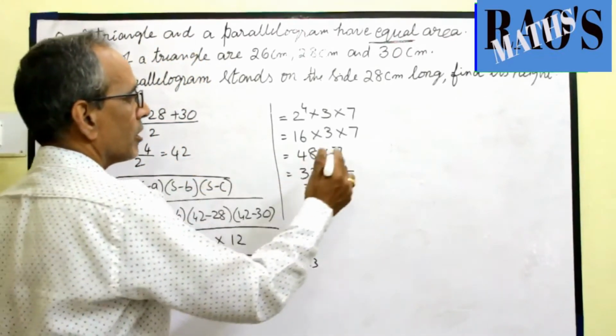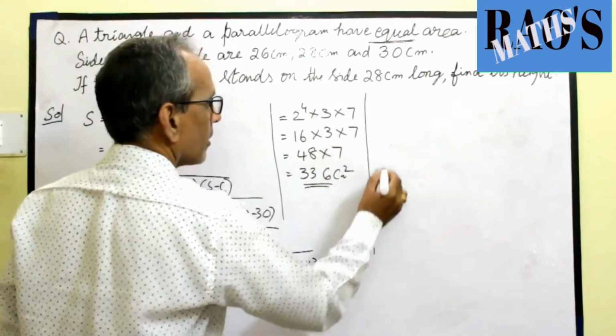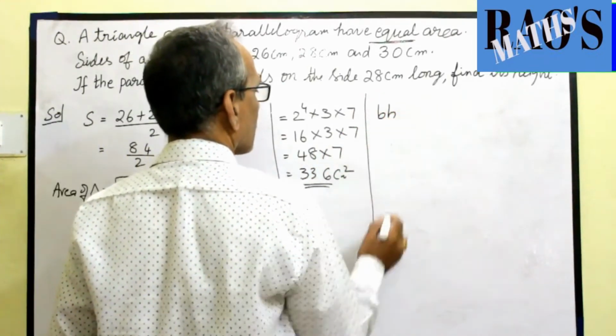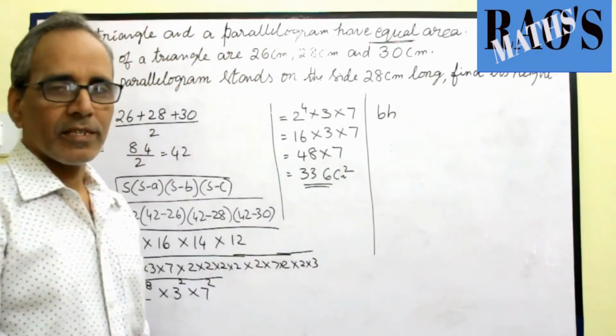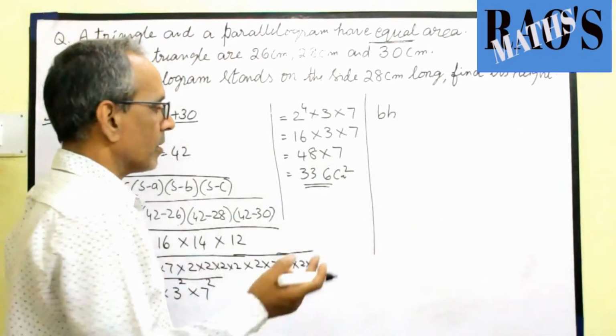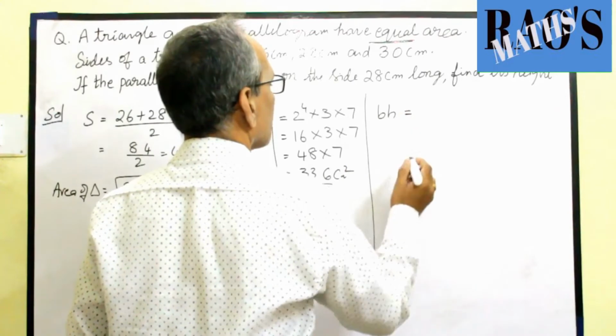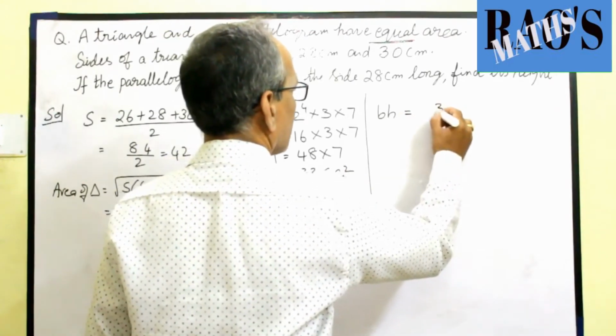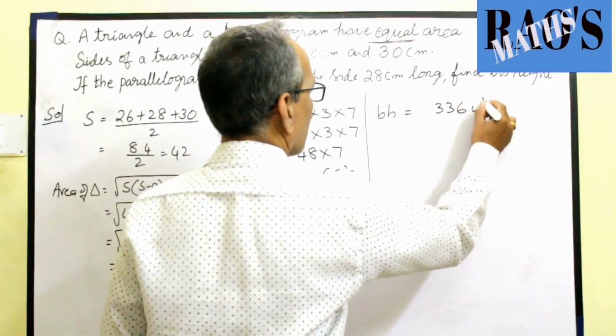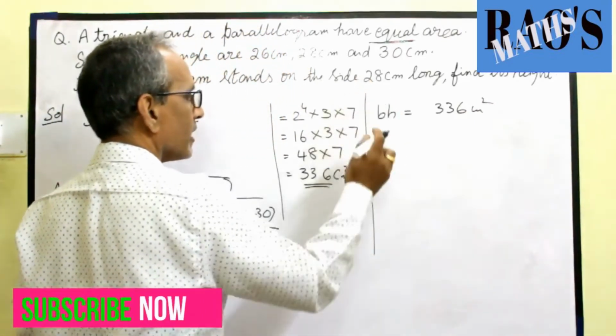So this is equal to BH. Why BH? BH is the area of the parallelogram formula. So BH is equal to 336 centimeter square, whereas B is known already, 28.